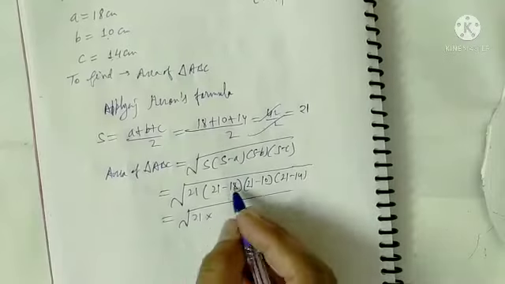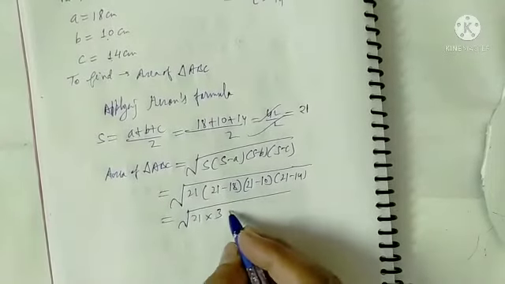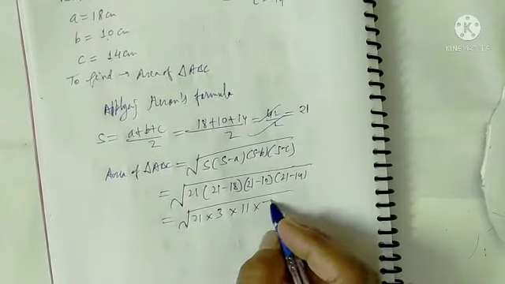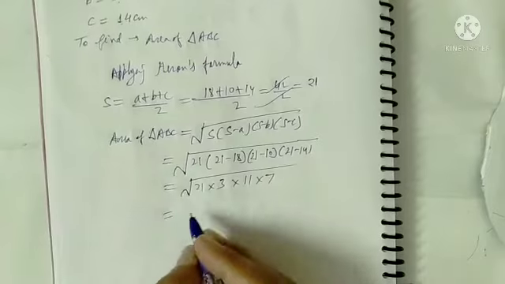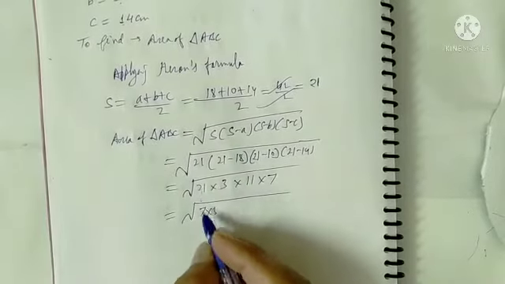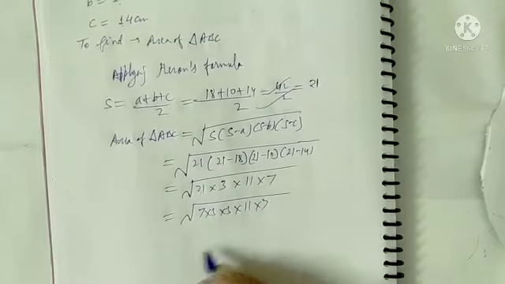Now calculate: under root 21 multiply 21 minus 18, that is 3, and 21 minus 10, that is 11, and 21 minus 14, that is 7. Now factorize 21: 7 3 are 21, and this is 3 only, then 11 and 7.